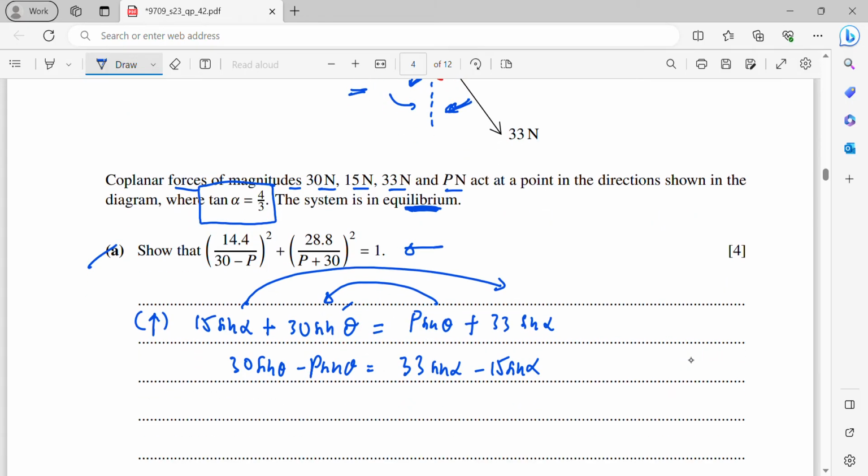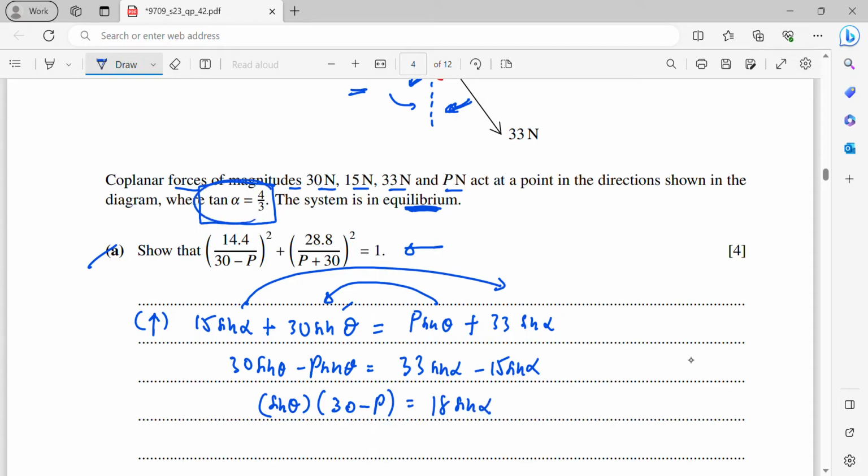From here, I notice that sine theta is common on the left hand side, so I can take out sine theta and bracket 30 minus P. Now on the right hand side, I have 33 sine alpha minus 15 sine alpha, then you will get 18 sine alpha.